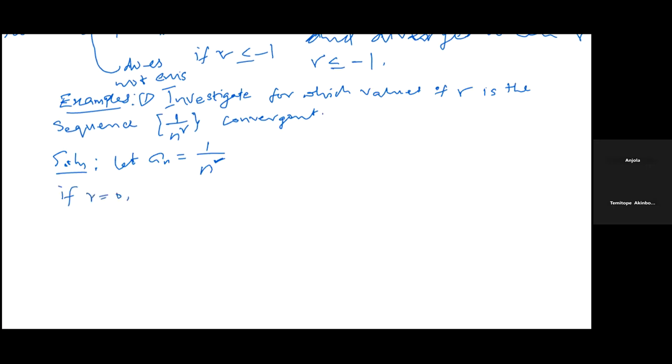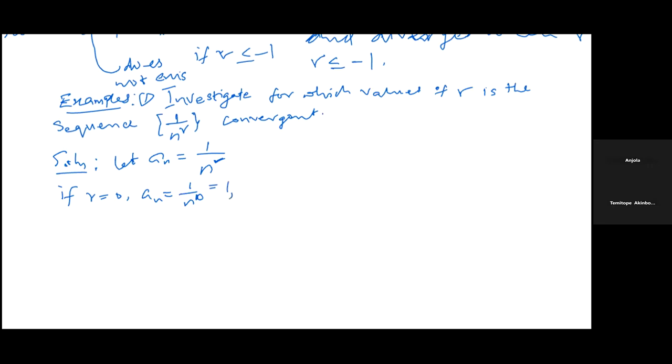Which number are we going to start from? Okay, so we start from 0. So that will be 1 over n raised to power of 0. And n raised to power of 0 is what? 1. So 1 over 1 is 1.